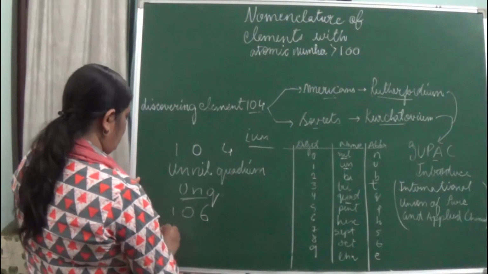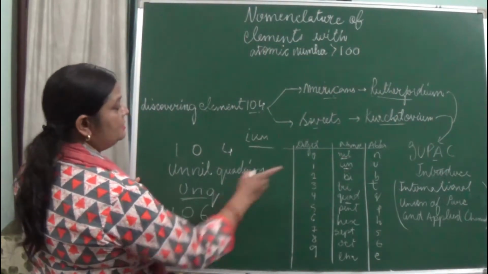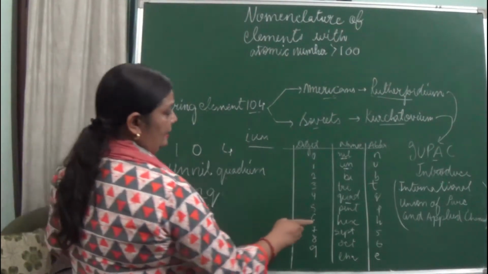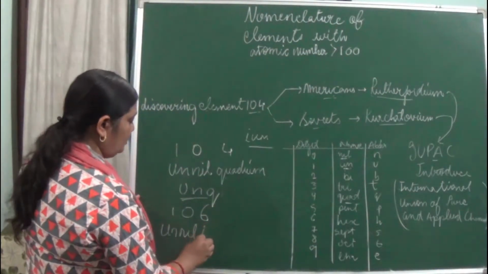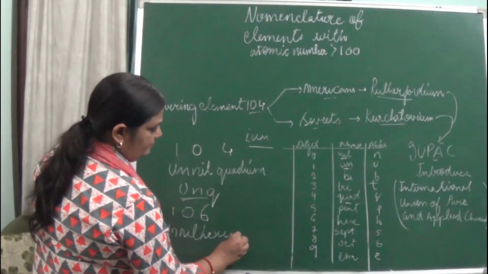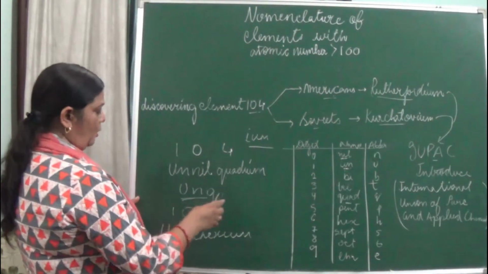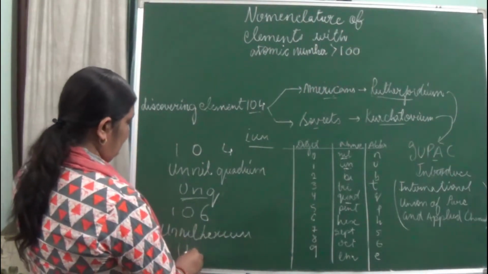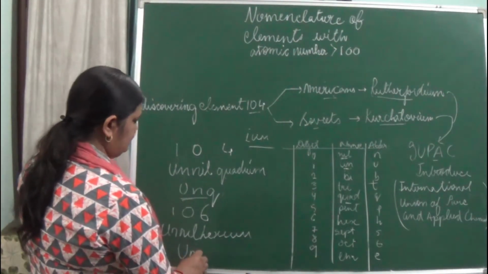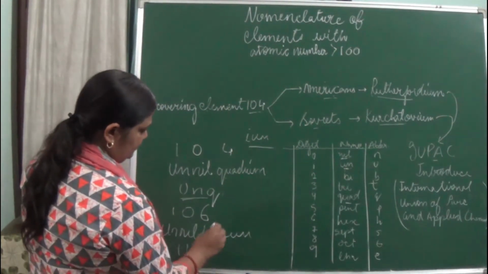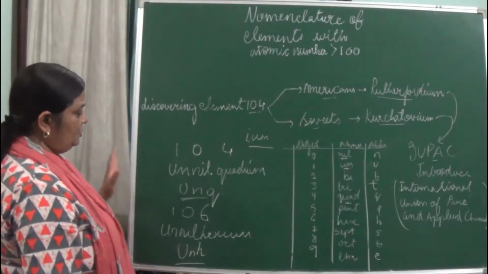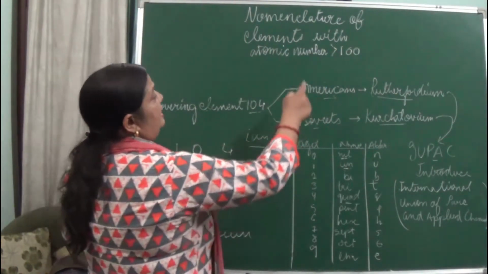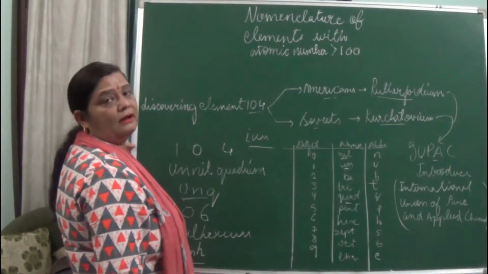Un is for 1, nil for 0, and hex for 6, so it becomes unnilhexium. And what will be the symbol? 1 is un, so you write U, nil is n, and hex is h. So this is how you name the elements if the atomic number is more than 100.